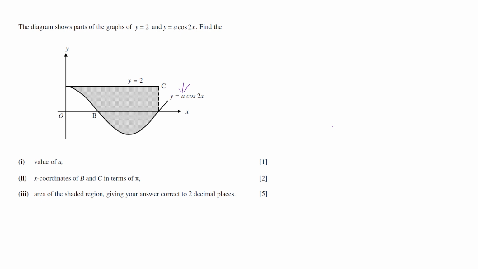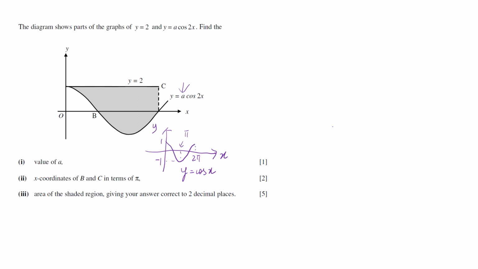So let's do a recap on your cosine curve. This is y equals cos x. For y equals cos x, the period is 2 pi, and the maximum and minimum y values are 1 and -1.